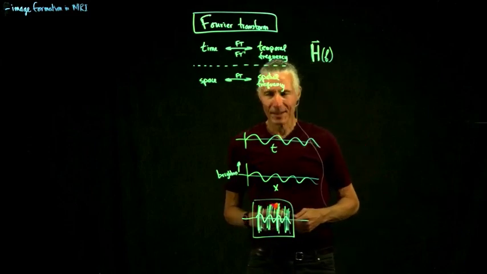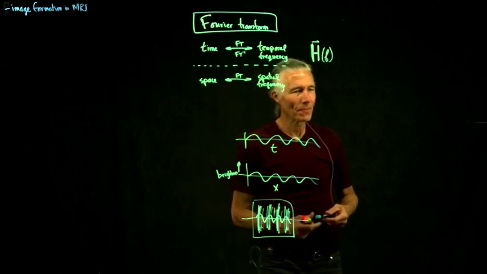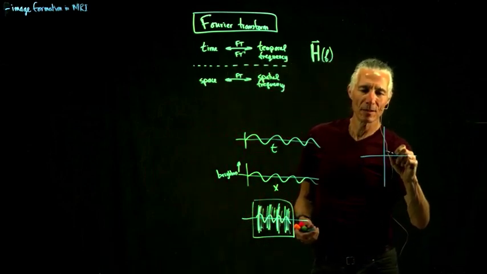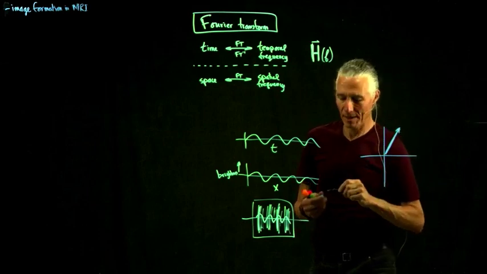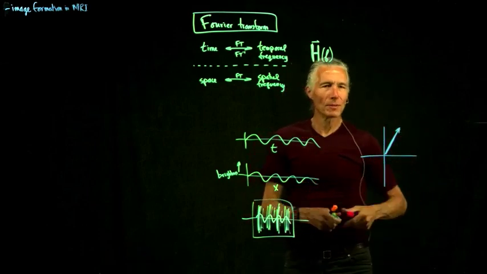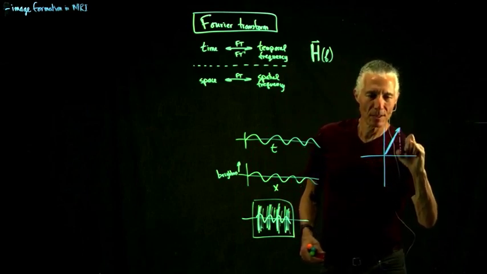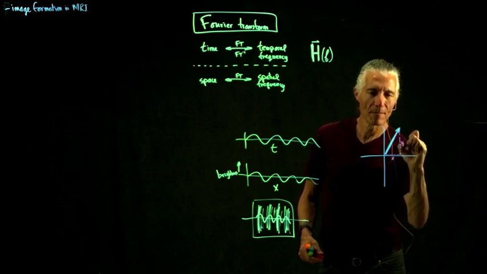Now we have to stop for a second. So what's a complex number? The easiest way of thinking about a complex number is just a two-dimensional vector. So what is a vector? A vector is something that requires two numbers to describe it. And what are those two numbers? Well, one way of thinking about them is you just consider the x and the y component.